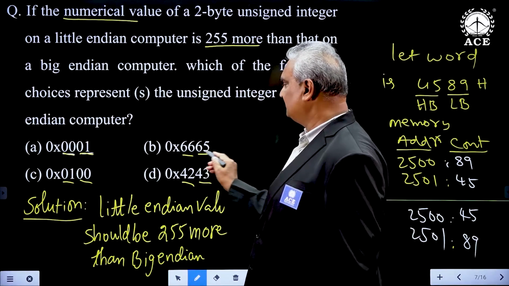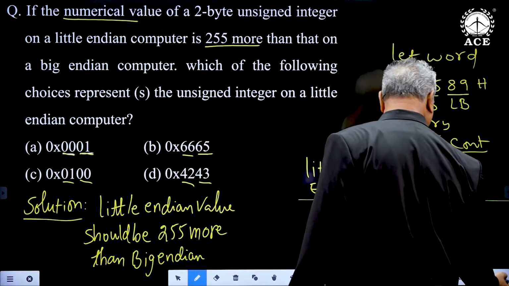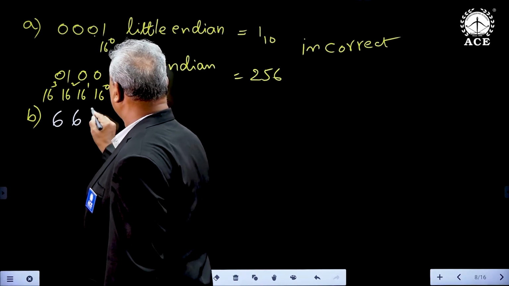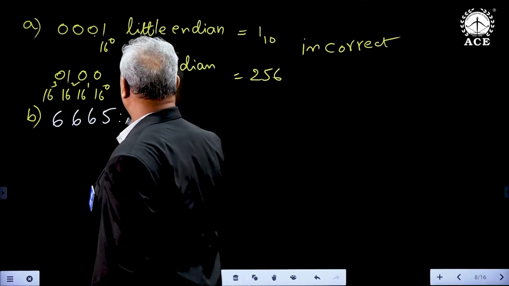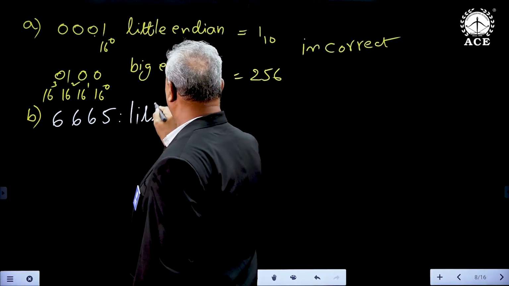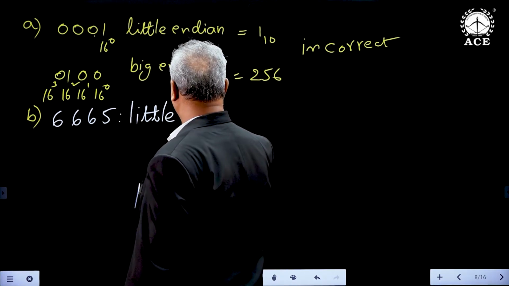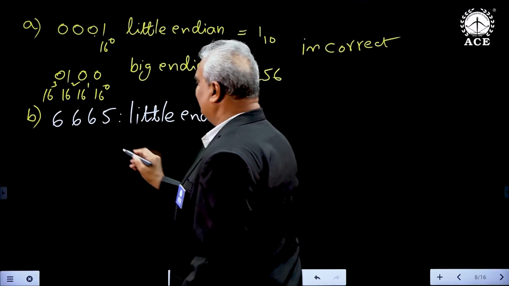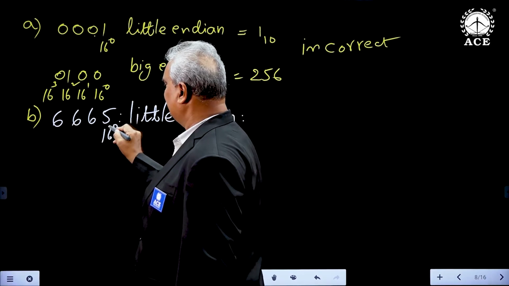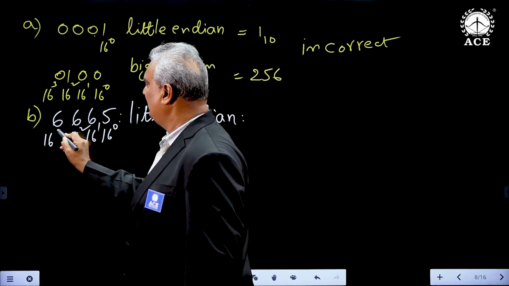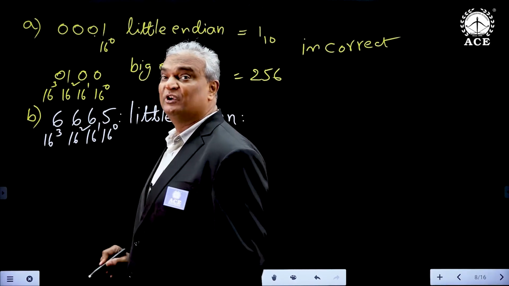Observe second one, 6665. What about it is little endian? Little endian. What about decimal value for the same? Here 16 power 0, 16 power 1, 16 square, 16 cube. Finally 16 cube into 6.